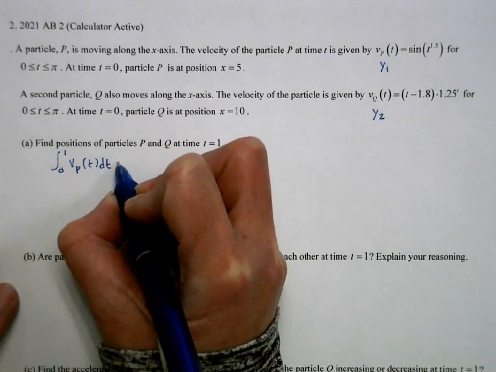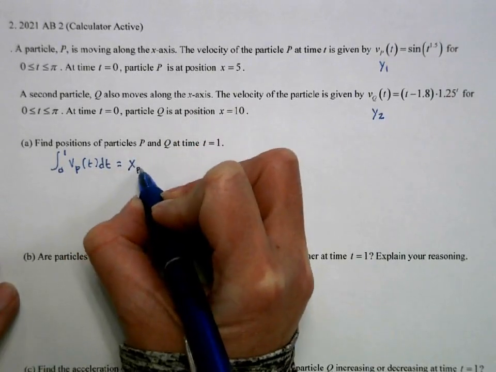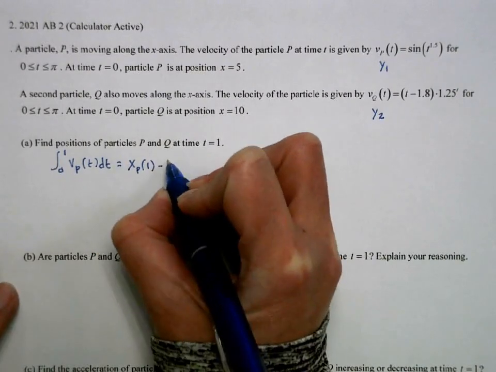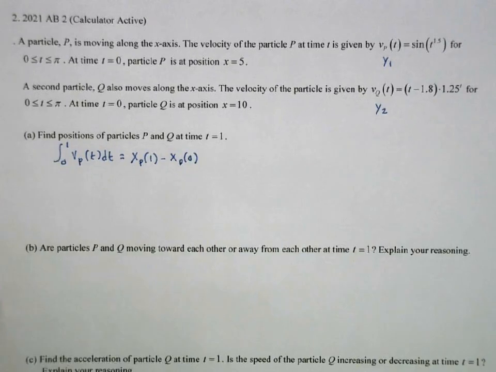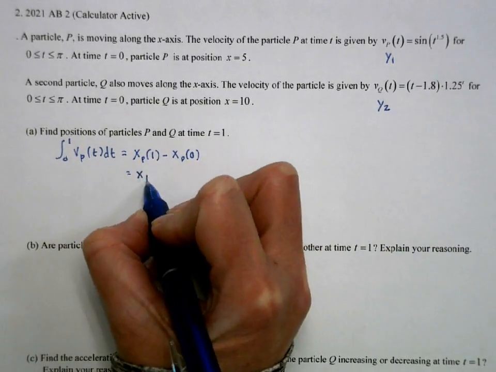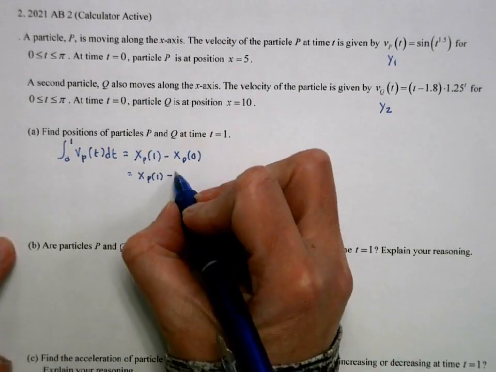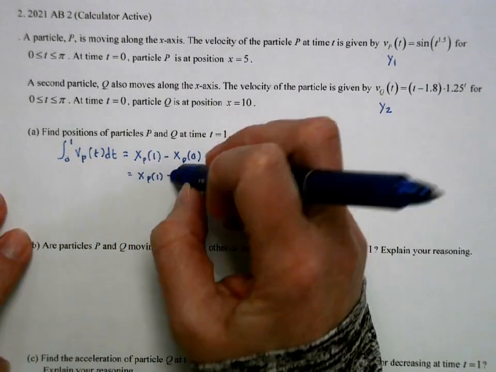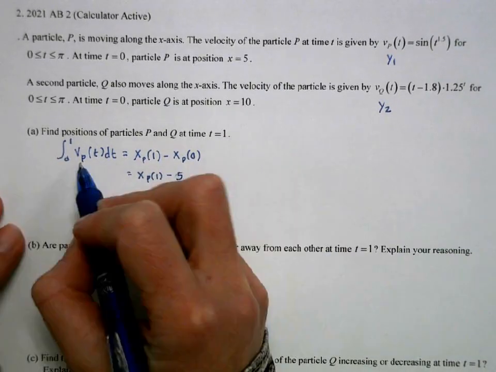Okay, this is going to give me my x position of P at 1 minus my x position of P at 0. This piece I'm going to get from the calculator. Minus our x position at 0, which we know is 5.